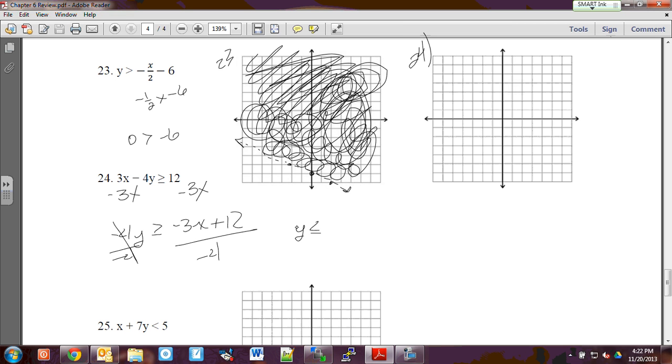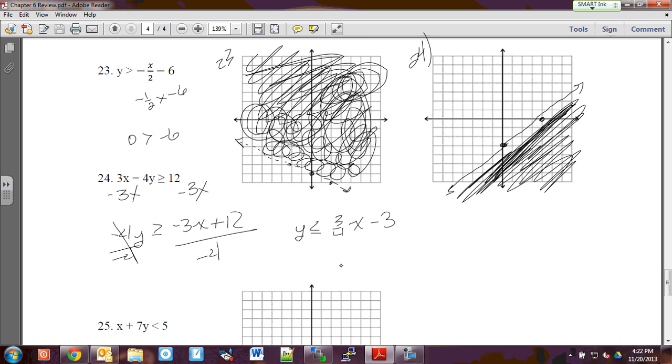So y is less than or equal to 3/4 x minus 3. So go down to negative 3. And then it's up 3 over 4. 1, 2, 3, 4. It's a positive slope, so it goes up. And y is less than this, so it's all of this.